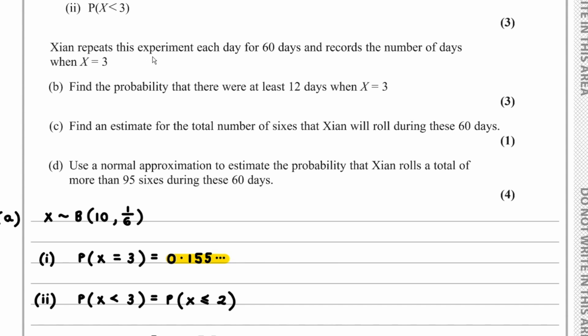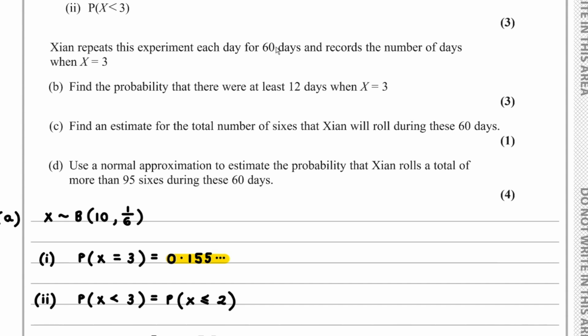Zan repeats this experiment each day for 60 days and records the number of days when X equals 3. Part B. Find the probability that there were at least 12 days when X equals 3. Here, we need to create a new binomial distribution.